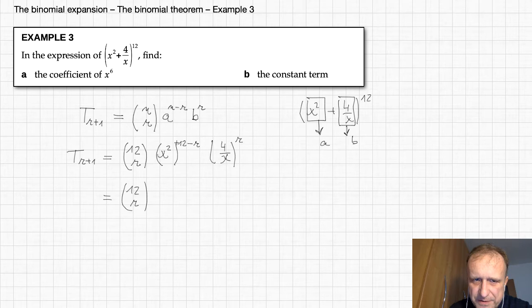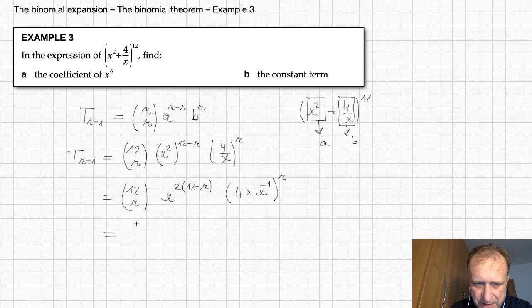Here we have a power raised to a power, so you know that the exponents should be multiplied, so altogether this is x raised to the power 2 times 12 minus r, times 4 times x to the power of negative 1, all raised to the power of r.